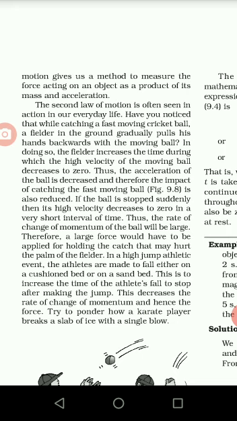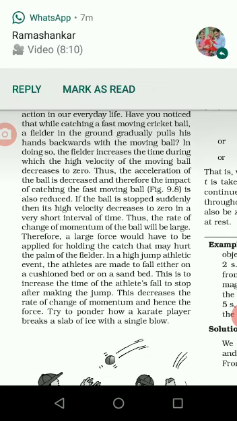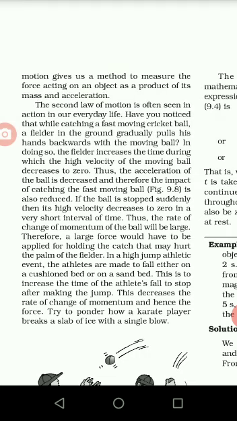Got it? Any doubt? Means while catching a fast moving cricket ball, the fielder on the ground gradually pulls his hand backward. Doing so, the fielder increases the time duration in which the high velocity of the moving ball decreases to 0. Therefore, the acceleration of the ball decreases and the impact of catching the fast moving ball also reduces.